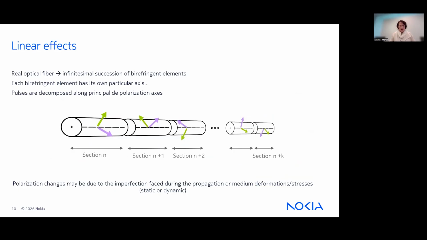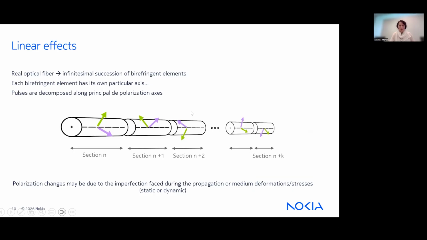The fiber has different sections, each with its birefringent zone, but then we may have some stress that impacts the fiber, and that may also have an impact on this state of polarization.